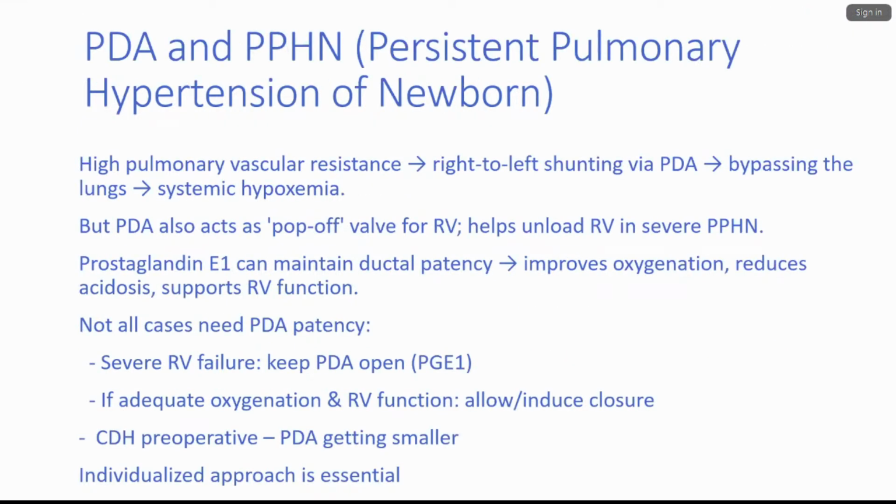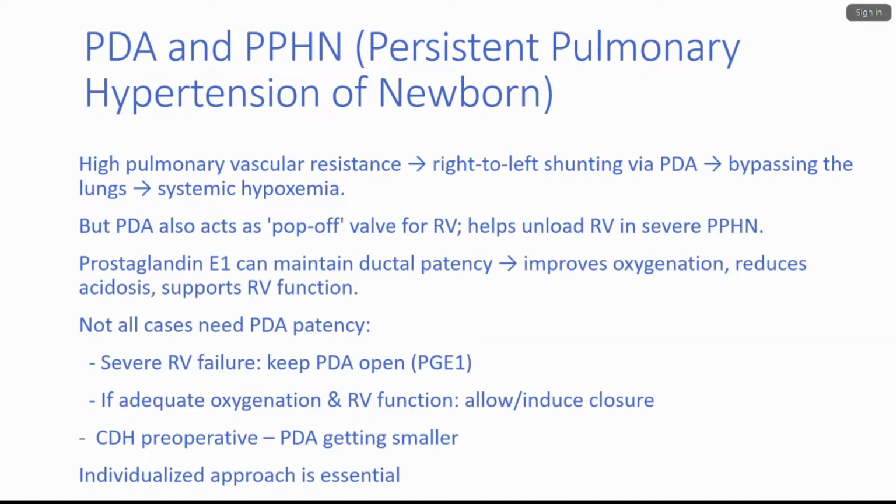So, PDA and PPHN. High pulmonary vascular resistance is seen in case of PPHN. So there is right to left shunting via the PDA, bypassing the lungs, which leads to systemic hypoxemia. But even though it causes systemic hypoxemia, the PDA also acts as a pop-off valve for the right ventricle.